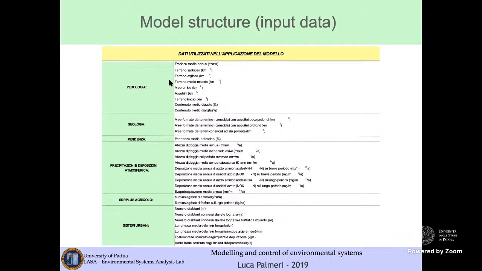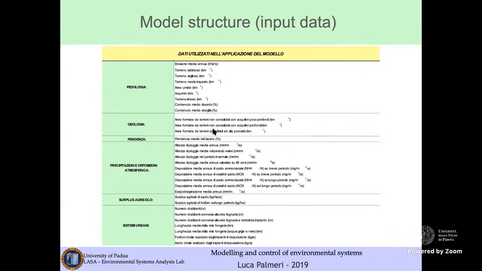We have to include also information concerning the geology. In particular, we have only 3 classes: areas that are made up of non-consolidated terrain, in which the aquifers are shallow, so there is a strong interaction between the surface and the groundwater system.